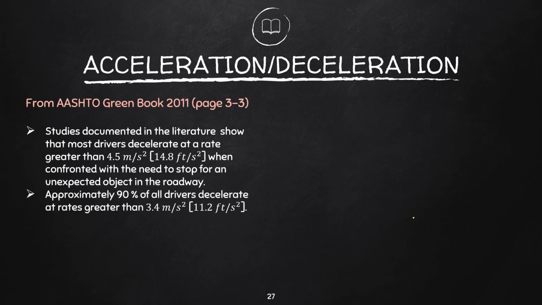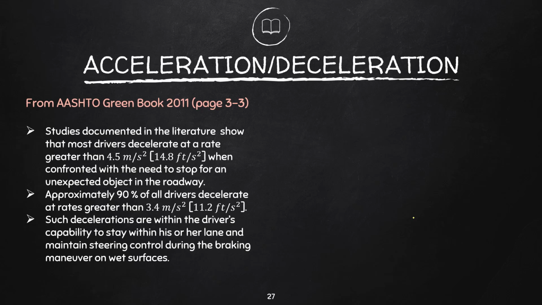Approximately 90% of all drivers decelerate at rates greater than 3.4 meters per second squared. Such decelerations are within the driver's capability to stay within his or her lane and maintain steering control during the braking maneuver on wet surfaces.